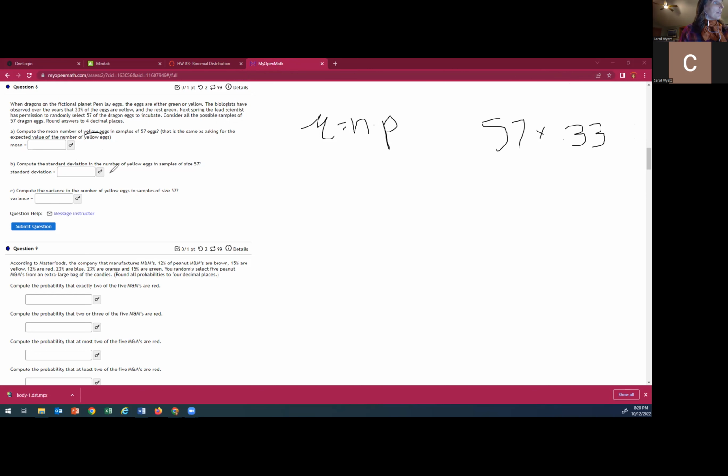Compute the standard deviation. The standard deviation is the average distance away from the mean. Haven't covered that a whole lot in this class yet. There is a problem with this book, and I might have to deviate a little bit from the book because of that.